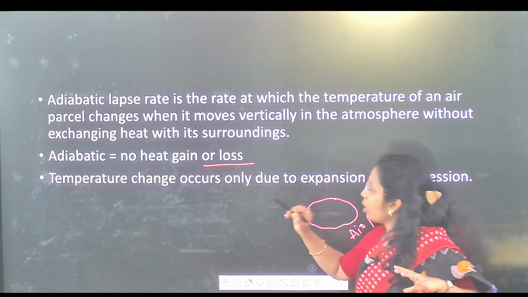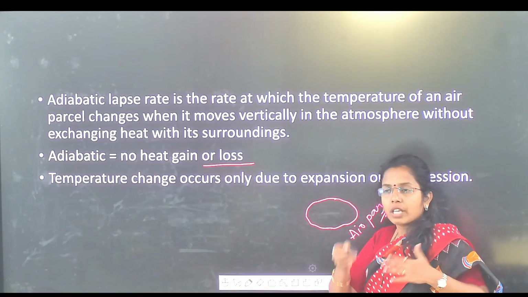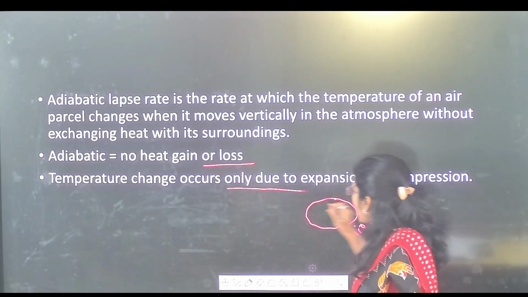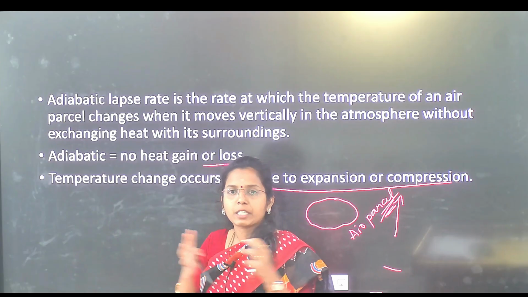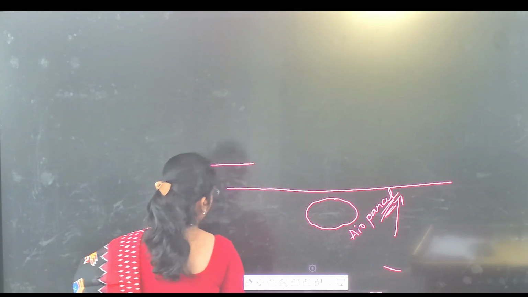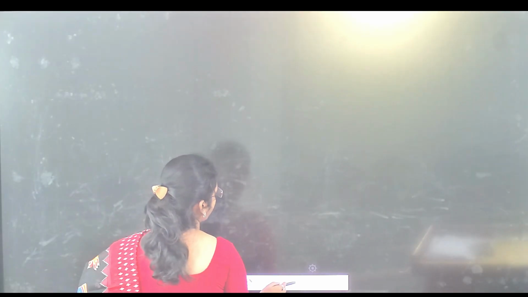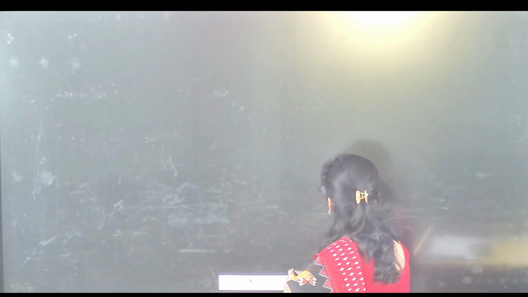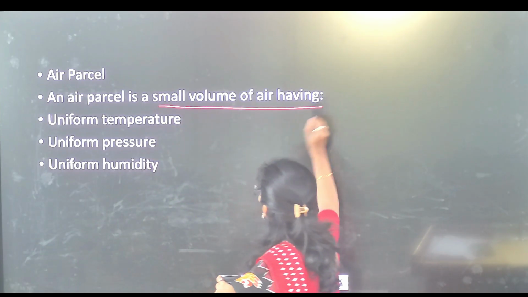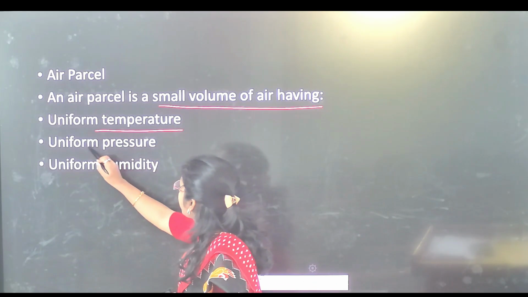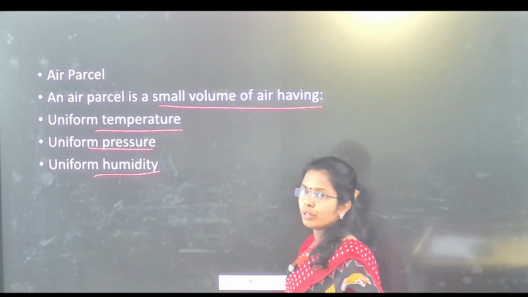No heat gain or loss, everything inside. Temperature change occurs only due to expansion and compression. See, an air parcel is a small volume of air having uniform temperature, uniform pressure and uniform humidity.